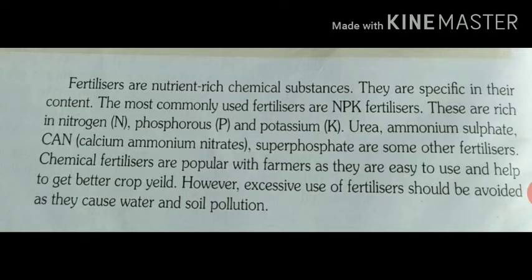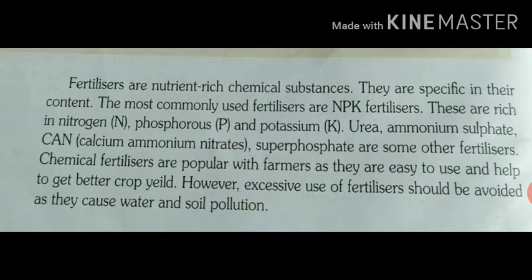So, let's talk about something more of chemical fertilizers. A chemical fertilizer is a salt or an organic compound containing the necessary plant nutrients like nitrogen, phosphorus, or potassium to make the soil more fertile.